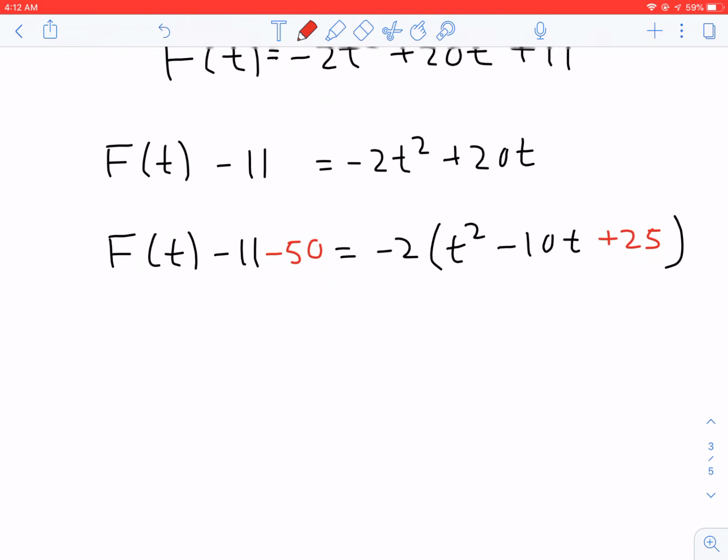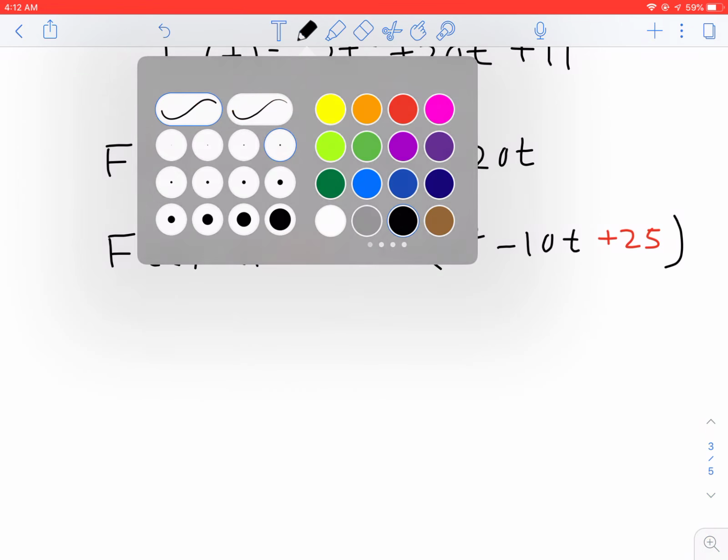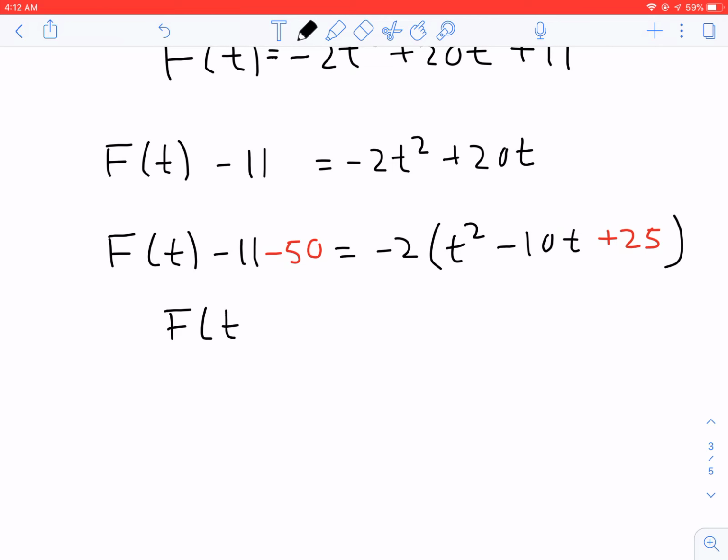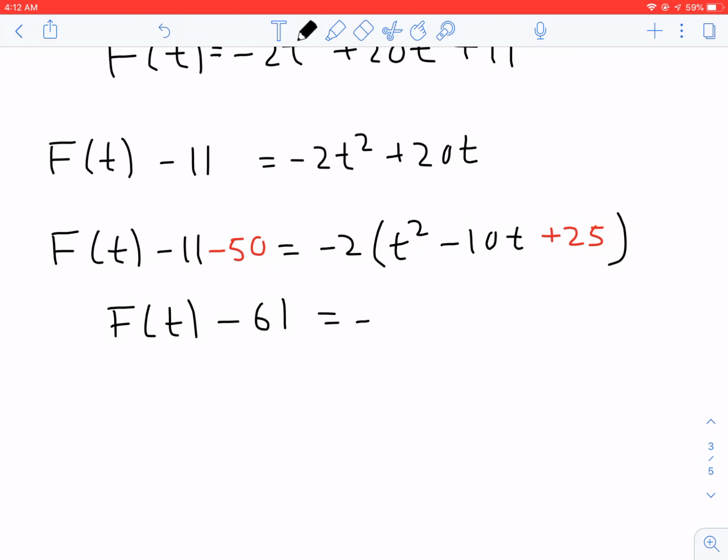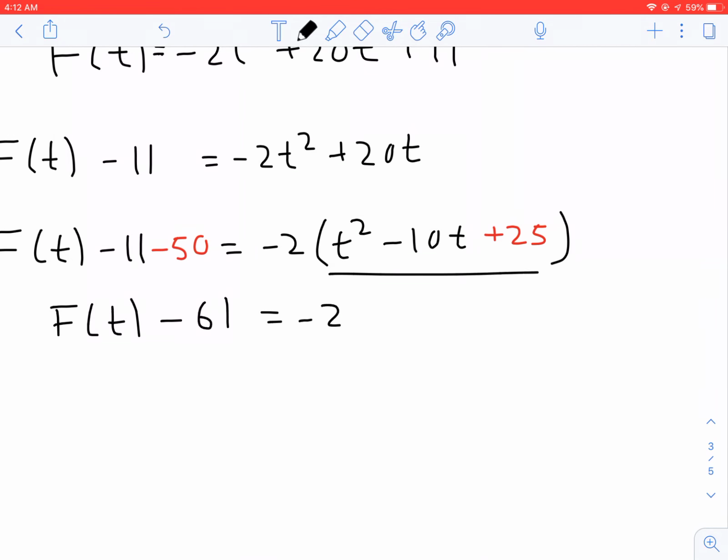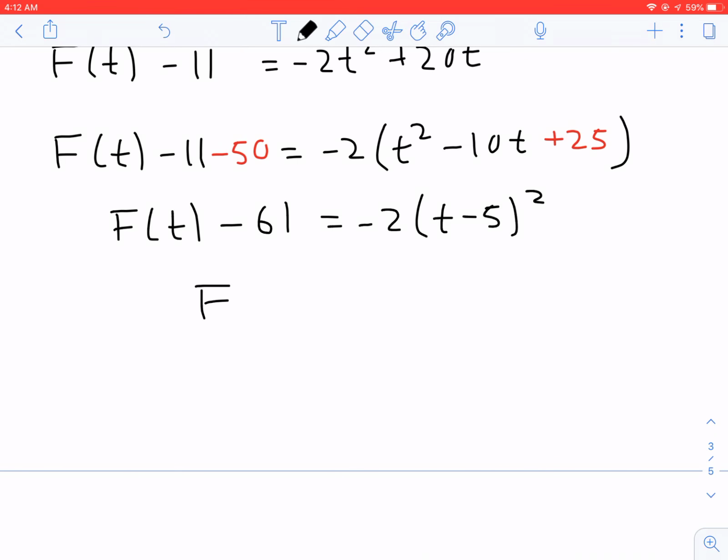And then we get f of t minus 61 equals negative 2. When we factor this, right, it's going to be t minus 5 times t minus 5, or t minus 5 squared. Again, just half of negative 10 there. And here's our function.